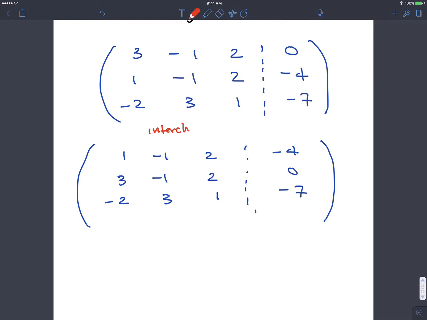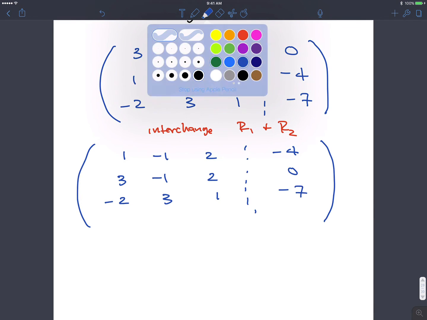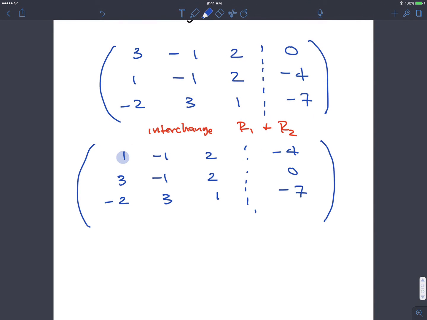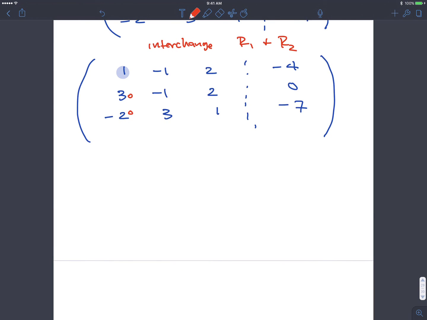Interchange row 1 and row 2. I interchange these rows because I have that 1 there in the leading coefficient position, which means when I try to zero these two entries out again, it'll be very easy to do. Negative 3 times row 1 added to row 2, and positive 2 multiplied to row 1 added to row 3 to get a new row 3.